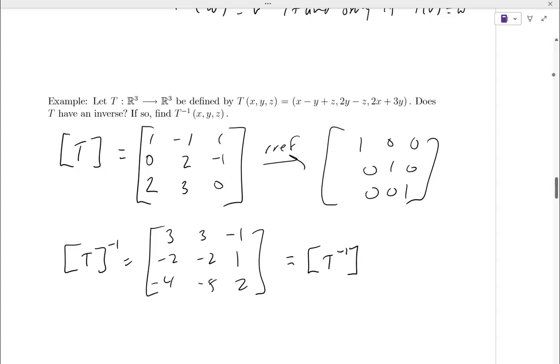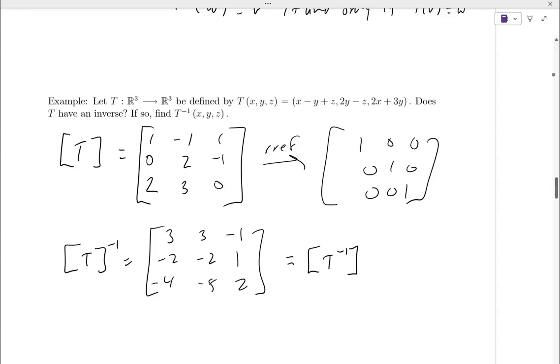And again, the idea here is that if we take the inverse of the standard matrix for T, we get the standard matrix for the inverse of T. I use my calculator and hit inverse. I would expect that you would use your calculator to figure that out.